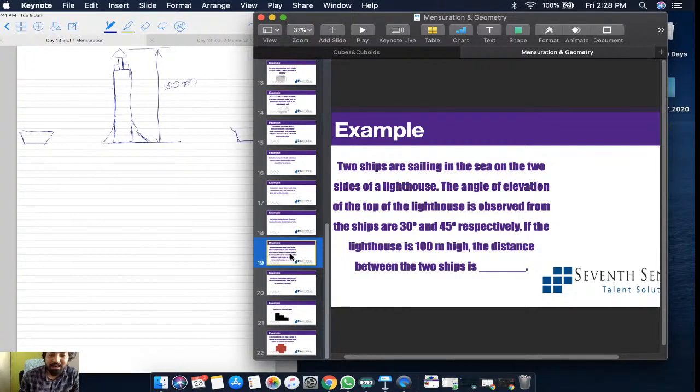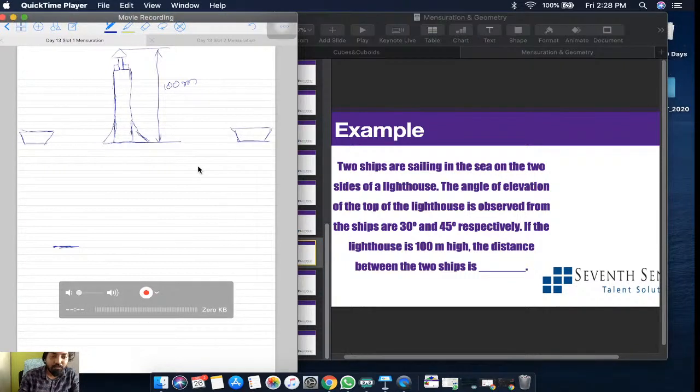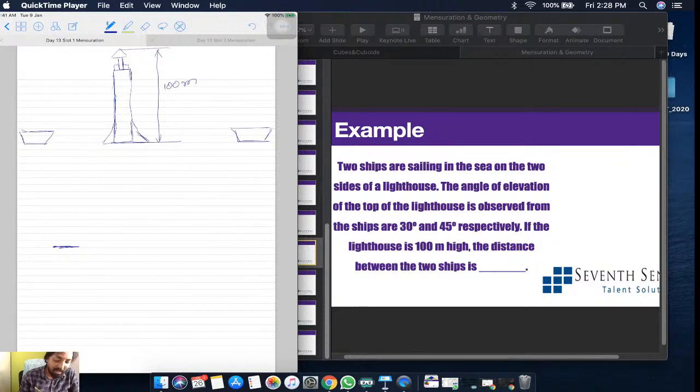The angle of elevation of the top. Elevation means when you look above. If you are standing in front of a building and you have to look at the terrace, you have to gaze upwards like this.